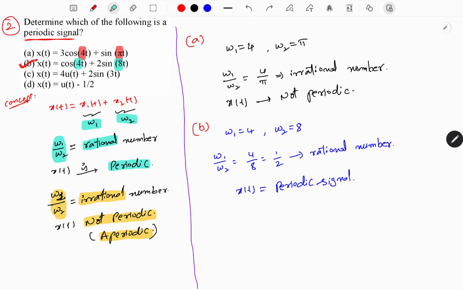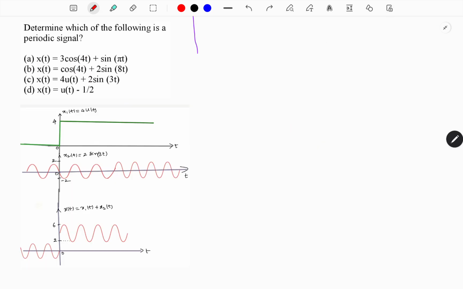Now I will show the graphical method for option C and option D. Option C is 4 times the unit step plus 2 sine 3t. In the graphical method, this is the unit step function with amplitude 4, and this is the sine function with amplitude 2, plus 2 and minus 2.